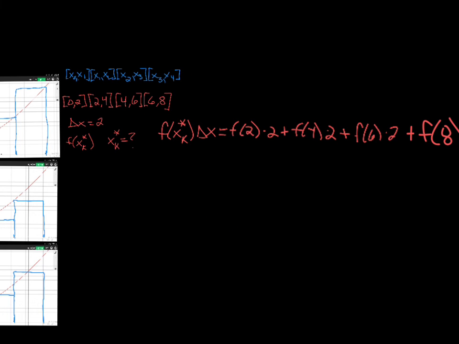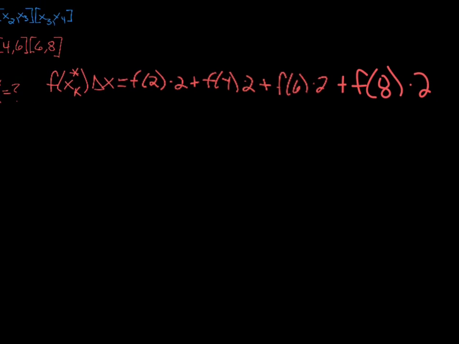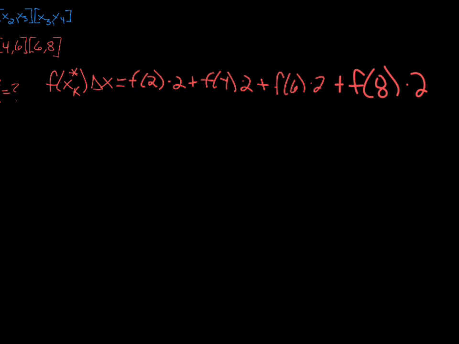So remember, we're just using x squared here. So then really this is 4 times 2 plus 16 times 2 plus 36 times 2 plus 64 times 2.